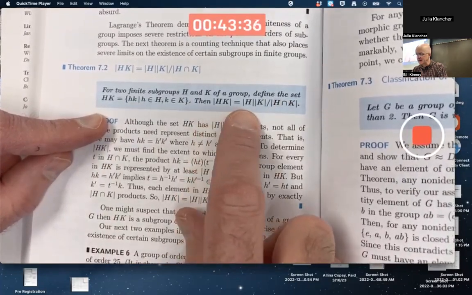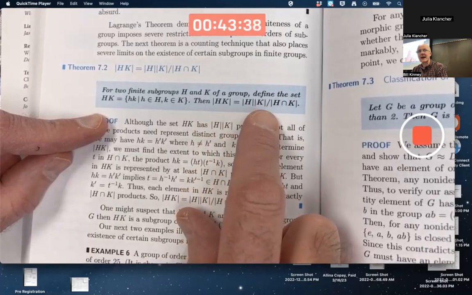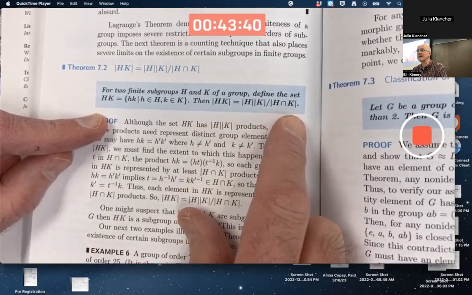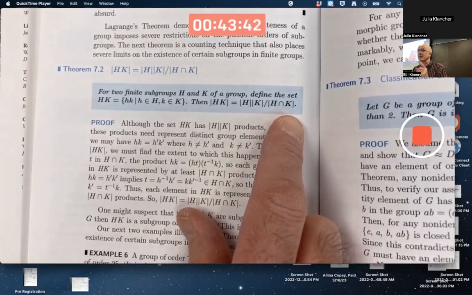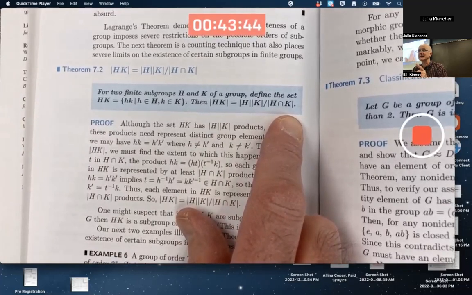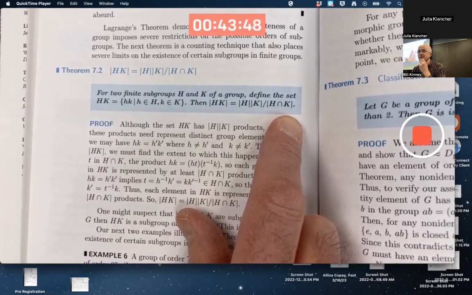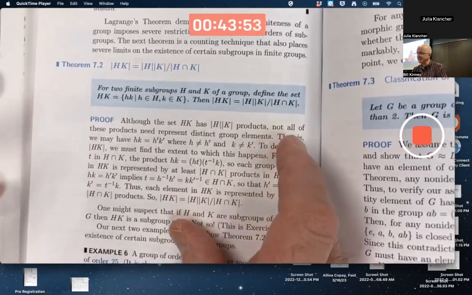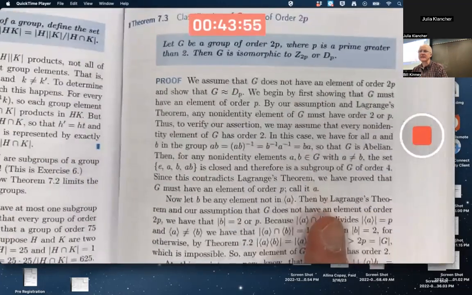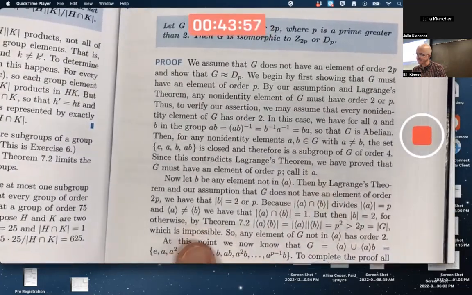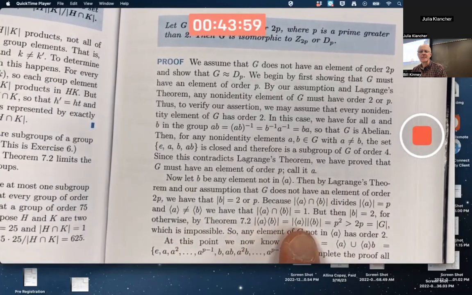It does have order that can be found by taking the order of H times the order of K and dividing by the order of H intersect K, which, by the way, you should remember the intersection of subgroups is a subgroup. That's been mentioned before. Pretty useful fact, and is used in the proof of this down here, right there.